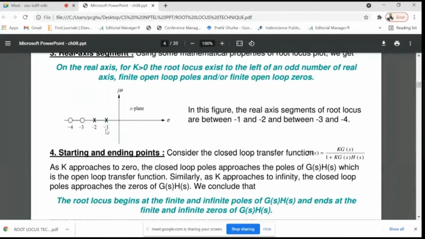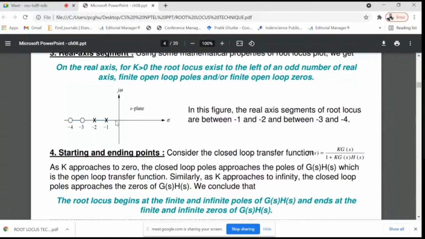Taking -1, I would check whether on my right side there is an odd number of poles. On the right hand side of -1, is there any pole present? No pole present. So I will move to -2. From -2, is there any pole on the right hand side? Yes, there is an odd number of poles. Odd number means 1. One pole is there on the right hand side of -2.